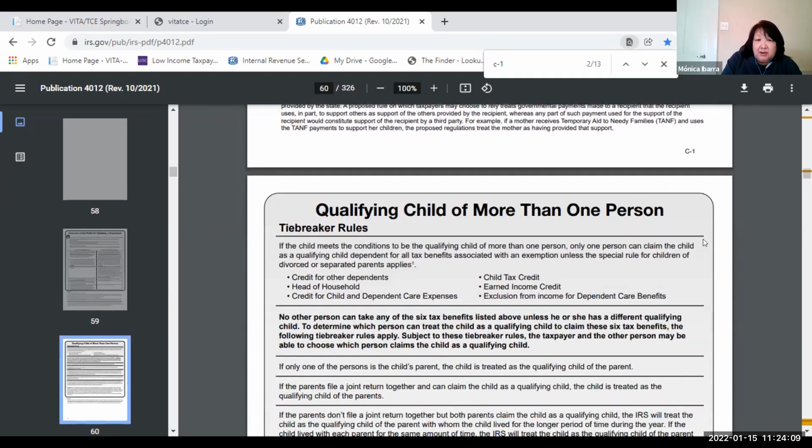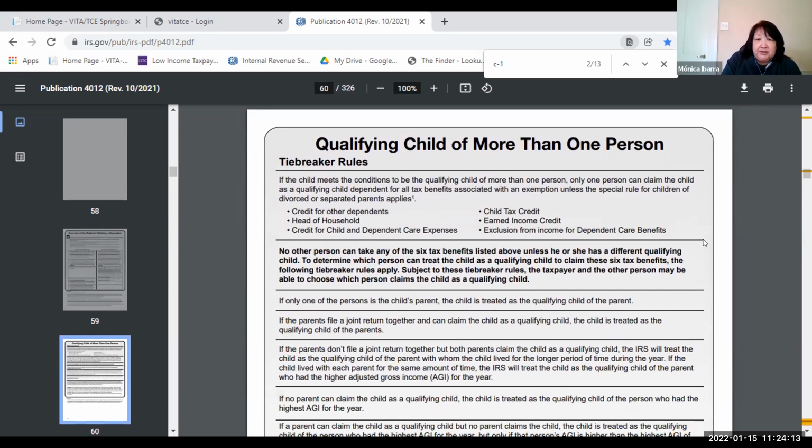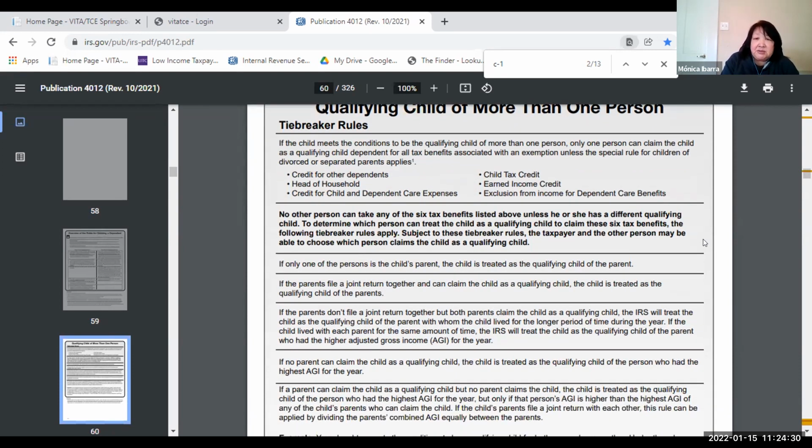All right. So let's talk about qualifying child of more than one person. There are tiebreaker rules in the case that a child can be the qualifying child of more than one person. And then there are also special rules for children of divorced or separated parents.